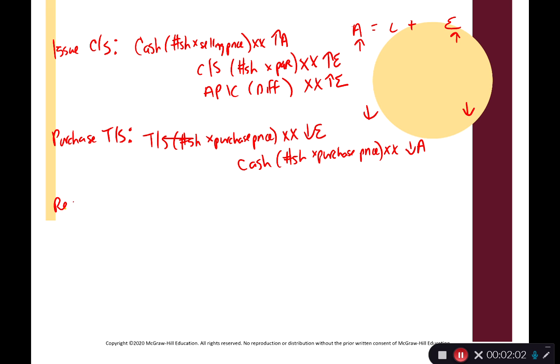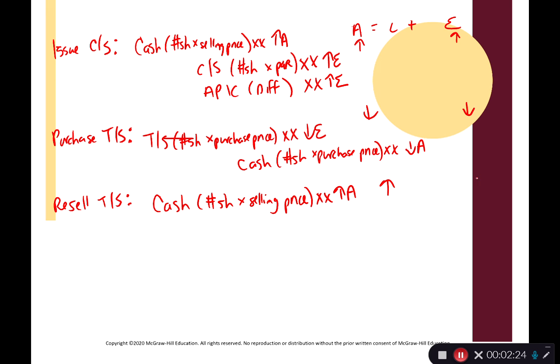When we resell treasury stock, this is where it gets a little tricky. You have to remember to take it off the books for what you put it on at. So we're going to debit cash for the number of shares times the selling price, which increases assets. So I should have done my accounting effect here.